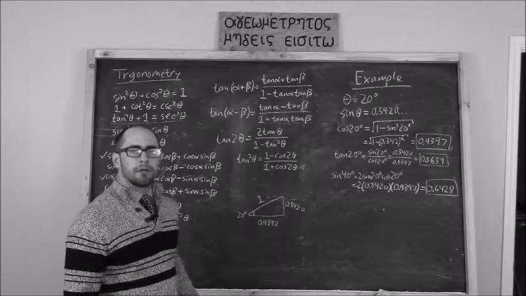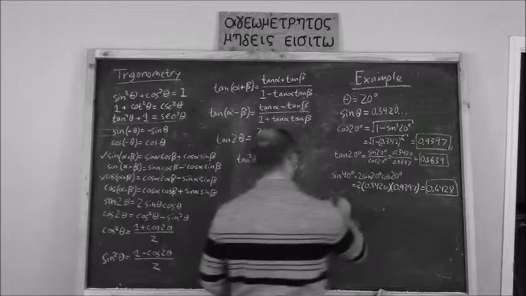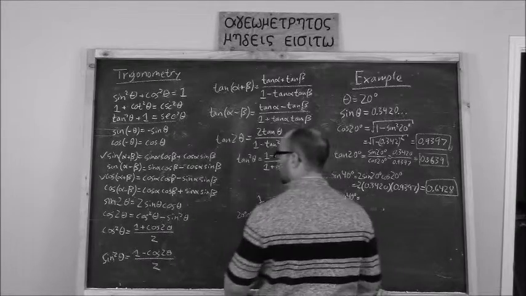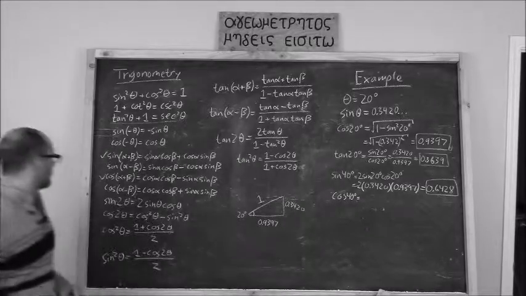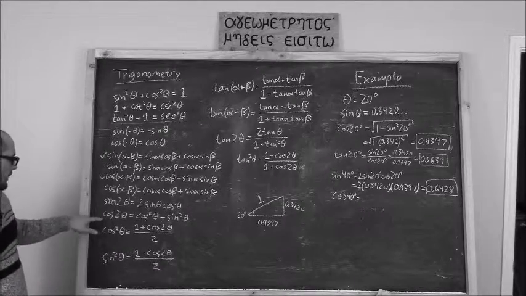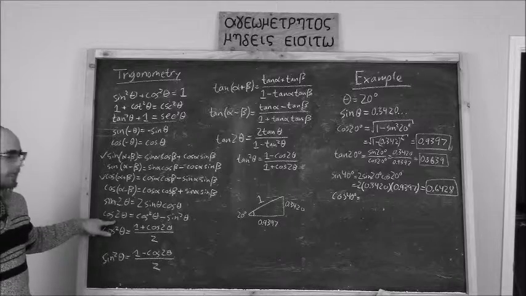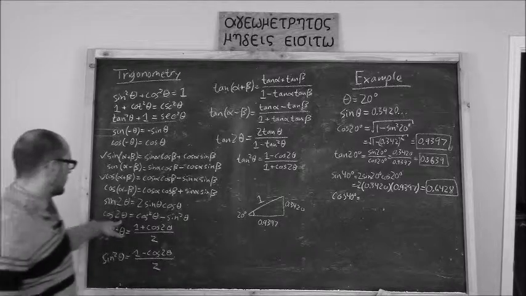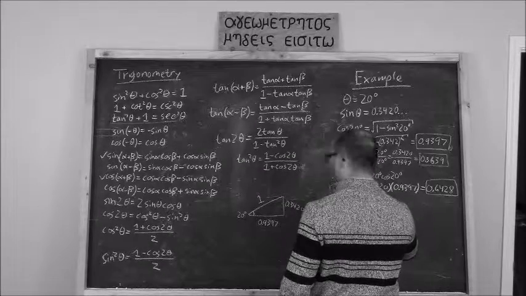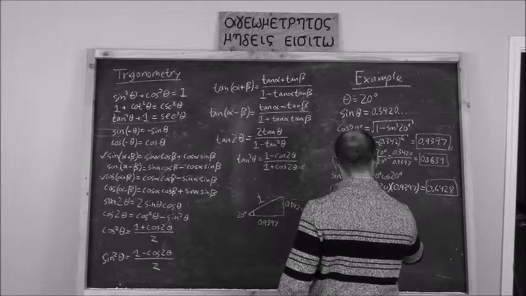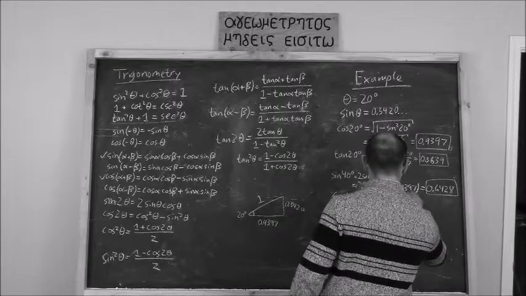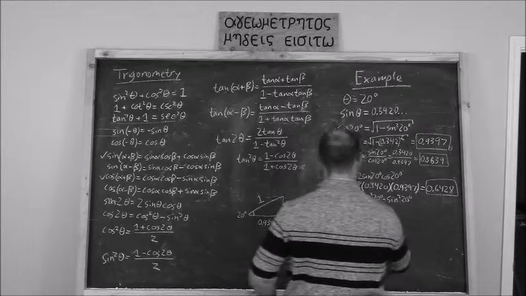Now how about cosine? Cosine of 40 degrees is equal to, well, how am I going to find that? I'll come down to my double angle identity for cosine and find cosine of 2 theta is equal to this. So that's going to be cosine squared of 20 degrees minus sine squared of 20 degrees.